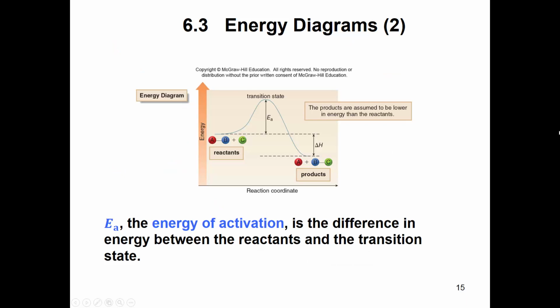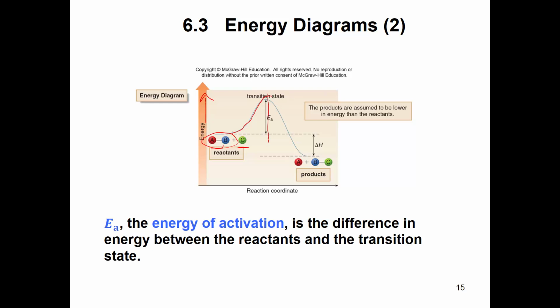And so we write energy diagrams that show us what's going on with this. In the energy diagram, you'll have the reactants on one end, and this is energy increasing. So in this case, for example, you have A and B, which is a compound, plus C, and this is how much energy it takes for that reaction to get started.